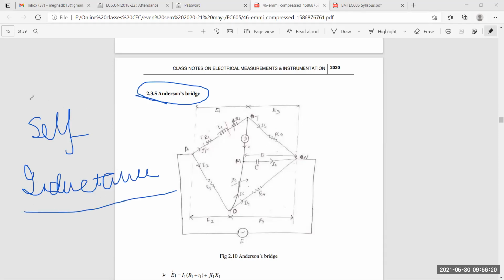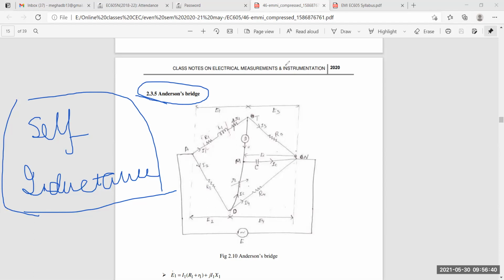And this is important because in your laboratory, if you are doing Anderson Bridge, then you would be able to understand how the calculations are being done in case of Anderson Bridge, and how we use the Anderson Bridge.